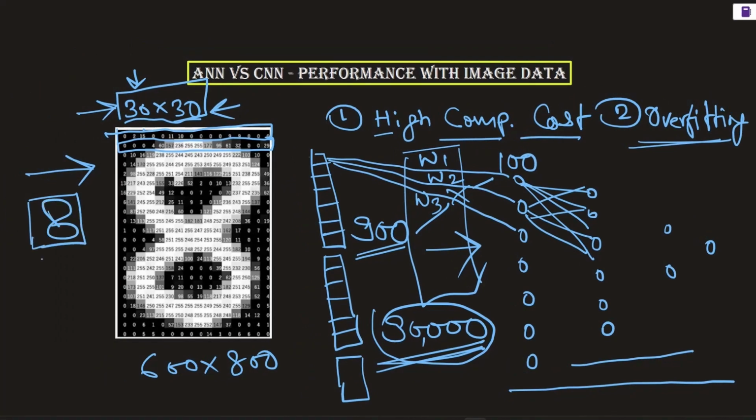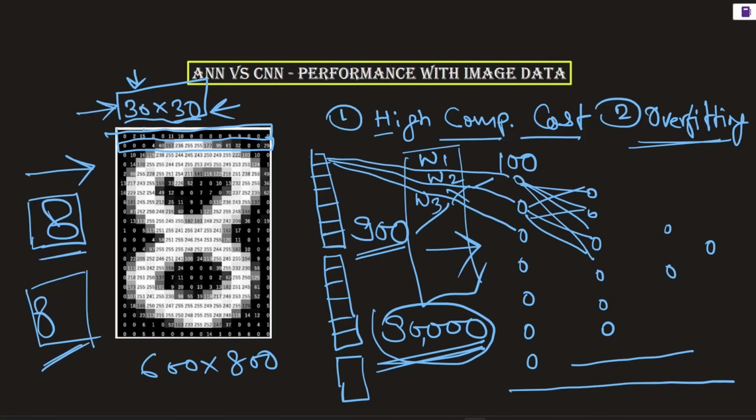And in order to learn the patterns or edges of this particular image, the ANN architecture is dependent on a huge number of parameters, which means it is learning the position or pattern of this number 8 so minutely that if in the next image, let's say you have the number 8 situated like this over here, then due to the issue of overfitting, the model might misclassify this particular thing.